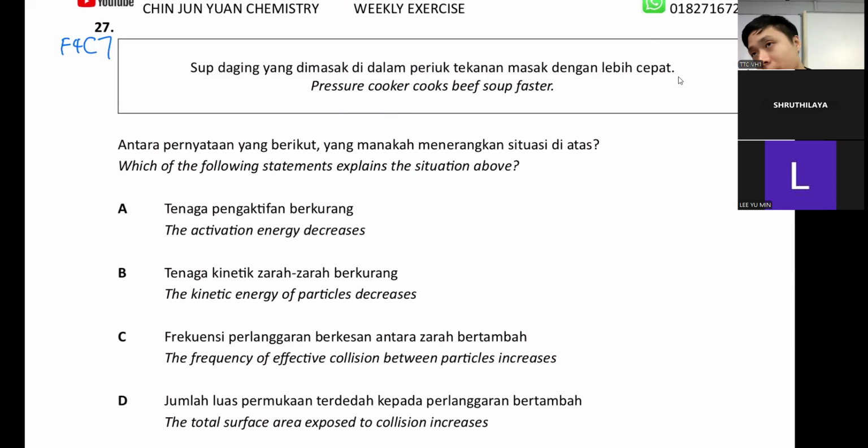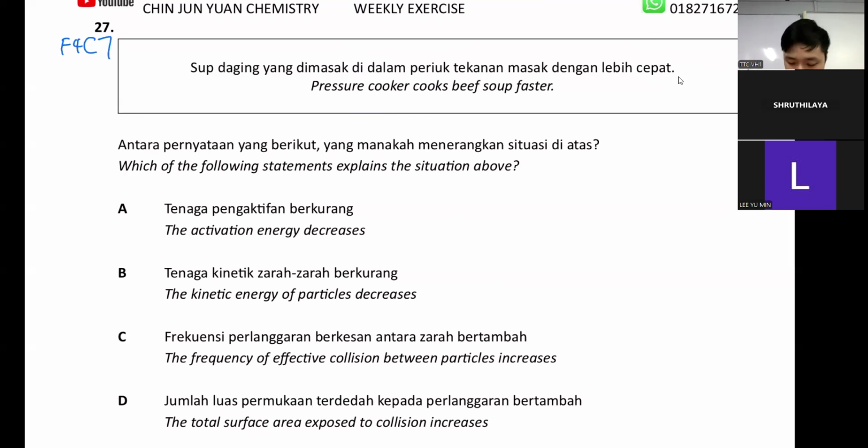We learn in physics, right? So the syringe, if you push very hard, you put a lot of pressure, so the kinetic energy will be very high, very active. So if you see pressure, if you see temperature, in Malay if you see tekanan, suhu, then you relate to tenaga kinetik.